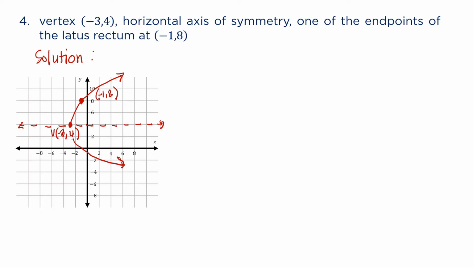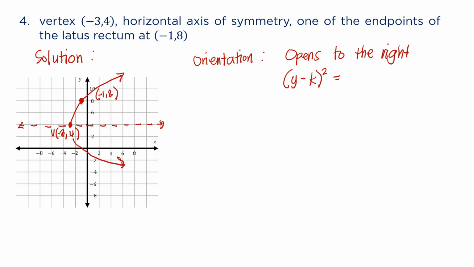Okay, so we have that parabola. So therefore, our orientation now is just it opens to the right. Okay, yun. And the standard equation will be (y minus k) squared equal to 4c times (x minus h).